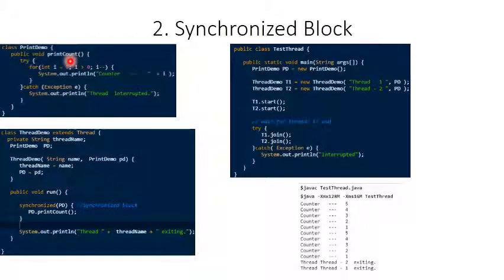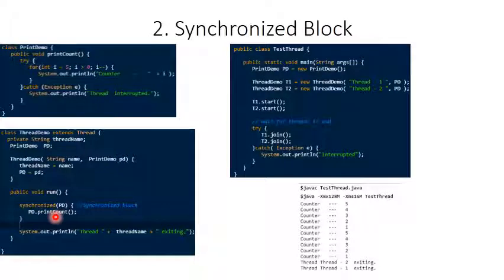In the previous example we converted the method into synchronized. In this example we are creating a new block, which was not there before, and it is synchronized. So only one thread can be inside this synchronized block.